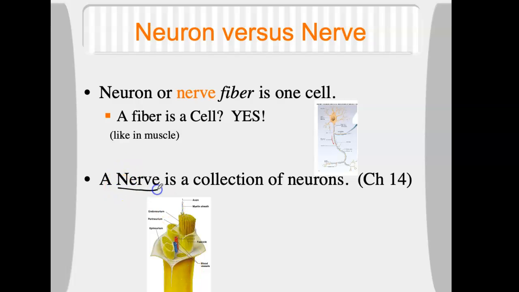This is a collection of neurons. If you were to dissect it out in cross-section, you would see many, many, many axons, this part, the axon, that are all aligned up neatly. So one nerve, many neurons. Very different. They behave very differently.